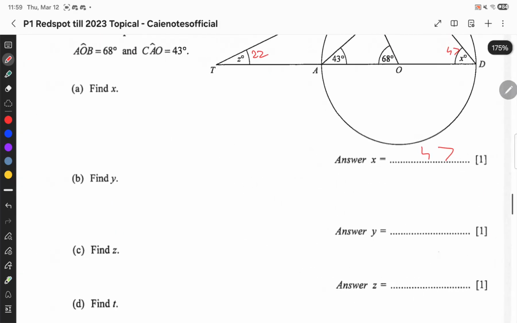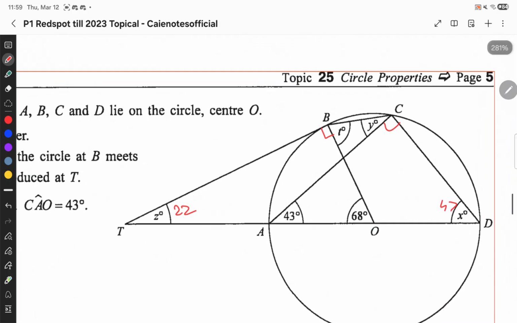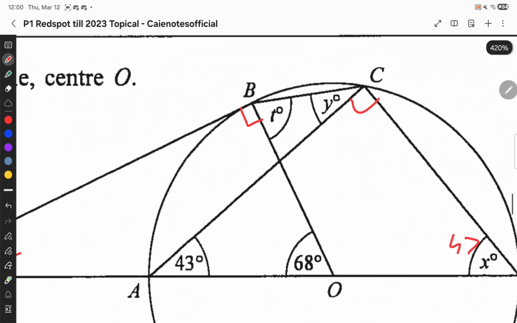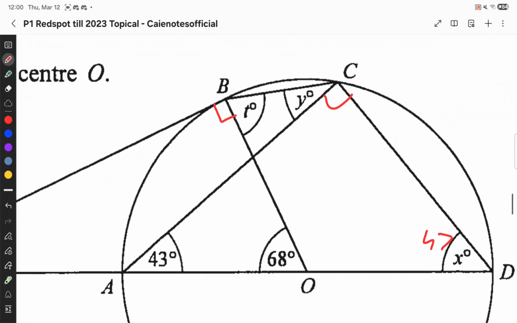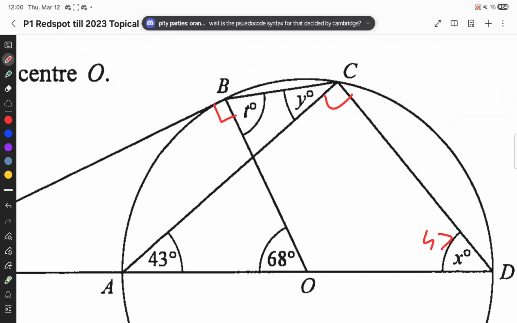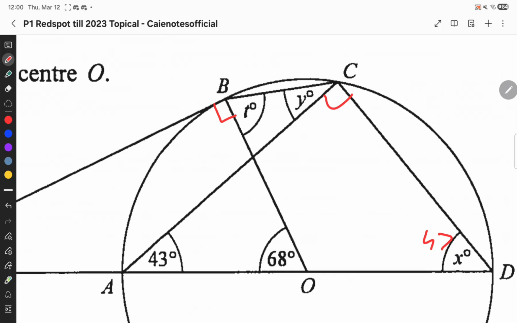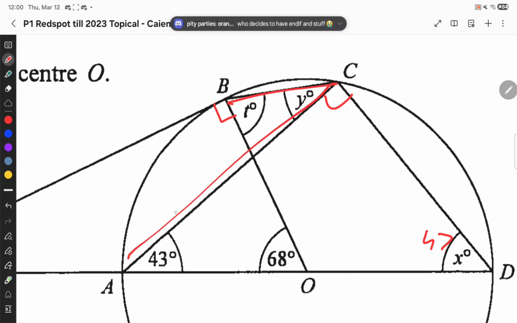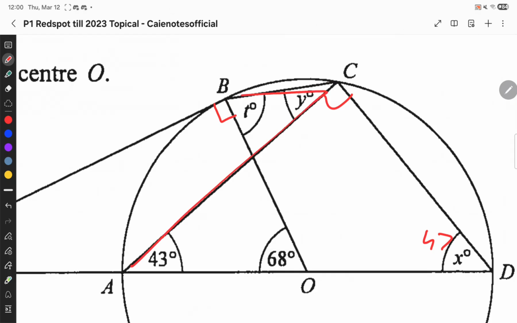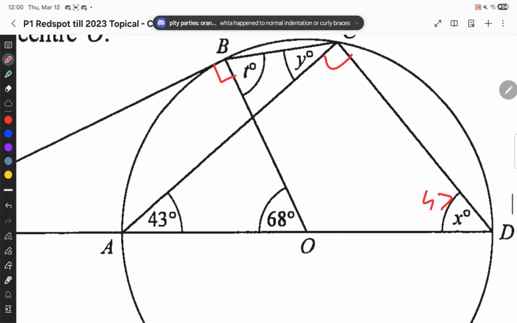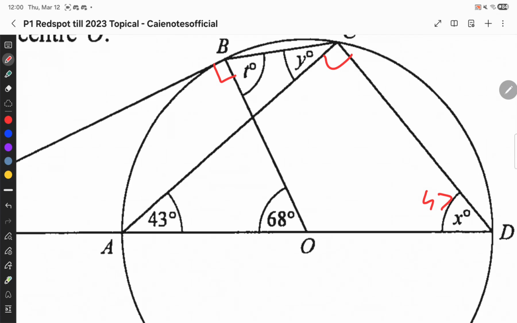22. Next, we can find the value of y by this, and this is very sneaky. This cat ear, if you see, this cat ear is made by BA, and so is angle 68. So that's how we can do this. This is 68 over 2, which is 34.